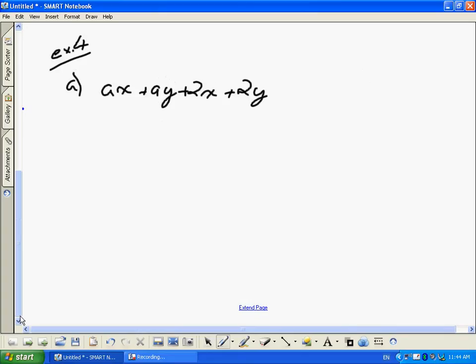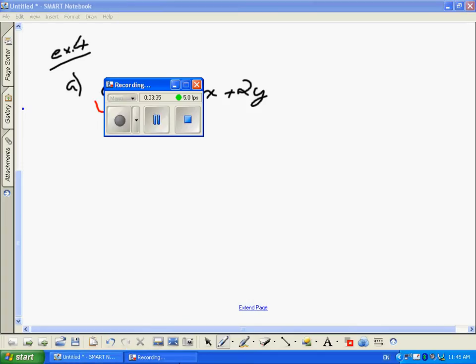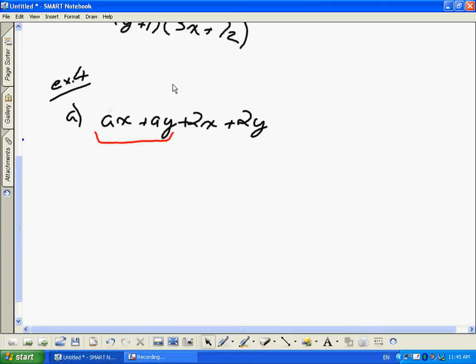What I'm going to do is look at my first two terms. I'm going to think of them as a pair, and my second two terms as a pair. With my red pair, do you guys see a common factor in those two terms? A. A is a common factor here.